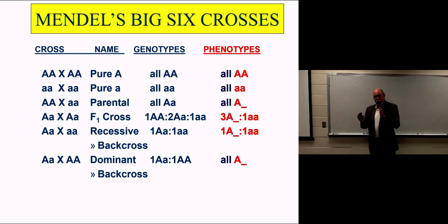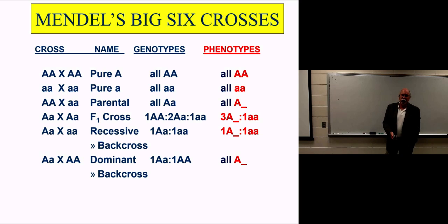Genotypically, that will always be there. That won't necessarily always give you a 1-to-1 phenotypic ratio, because the mode of inheritance may change on us, and that's all that's going to happen. We're always going to get that genotypic ratio. So really, really important that you know that cross.